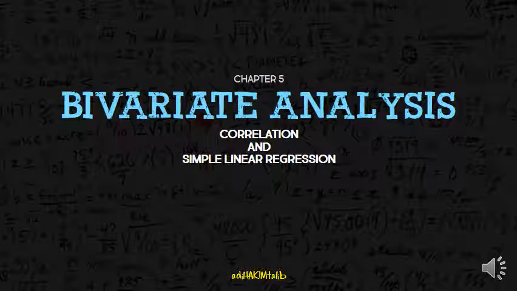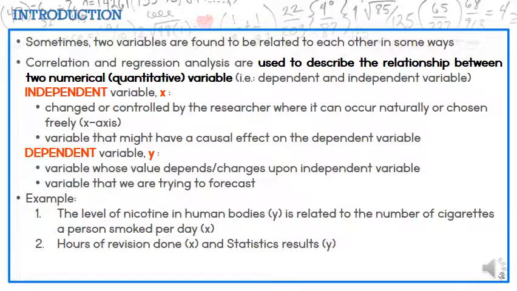So in this video, I'm going to explain to you bivariate analysis, where we are going to look at correlation and simple linear regression. Bivariate analysis involves two variables, and sometimes these two variables are found to be related to one another.